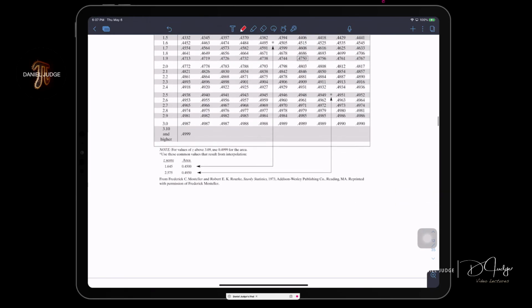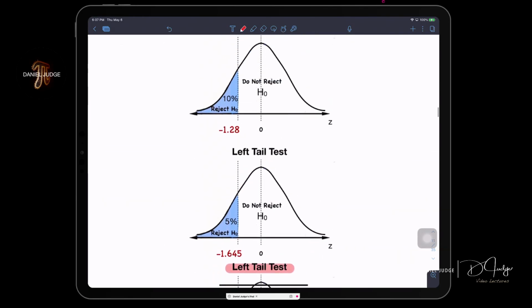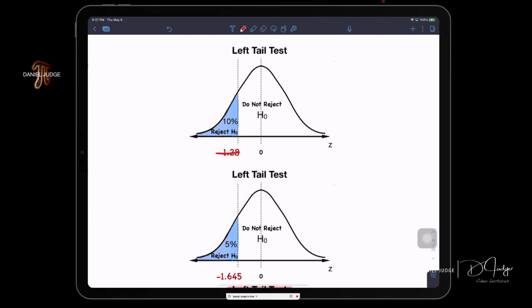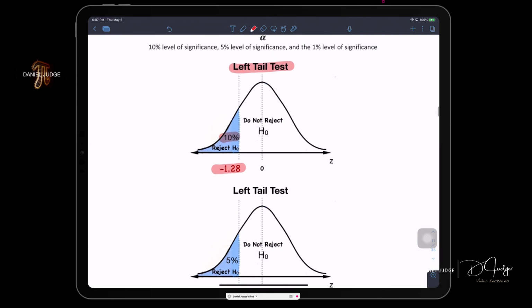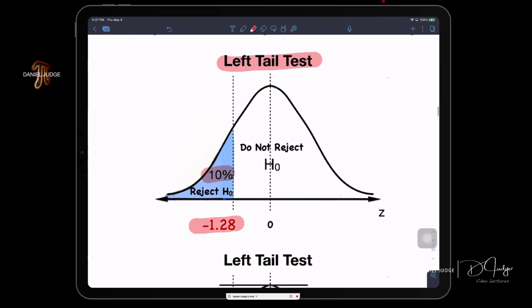Here it is, 10% in the left tail, negative 1.28.